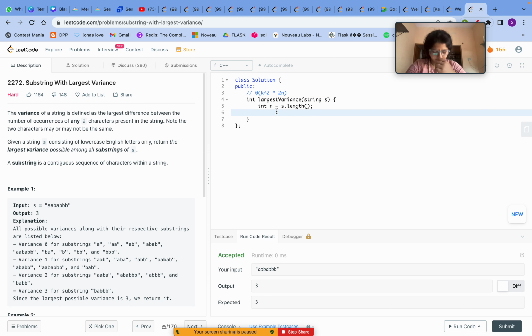Okay, so let's start. Just take the unique characters. In C++ you can pass the whole string in iterator form, and it will insert.